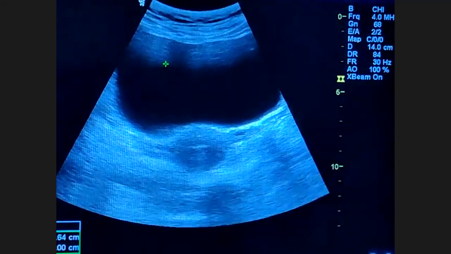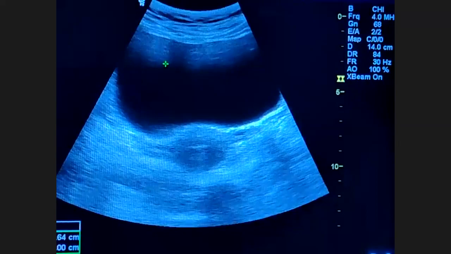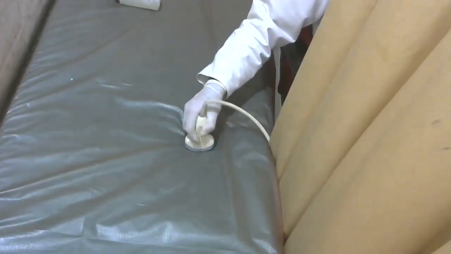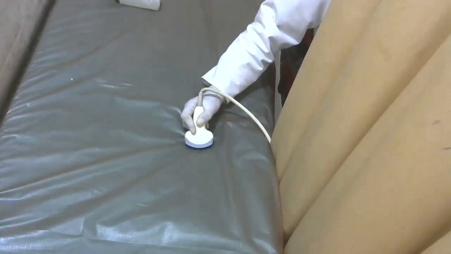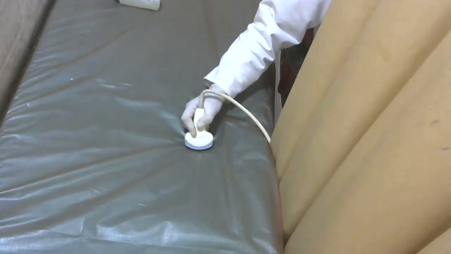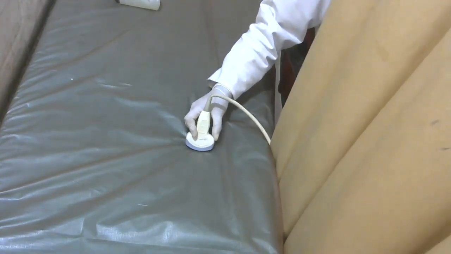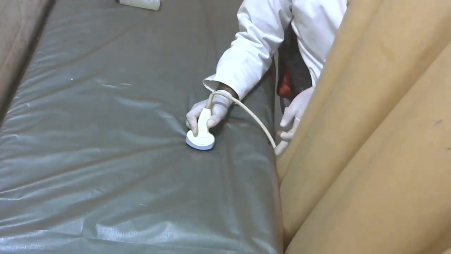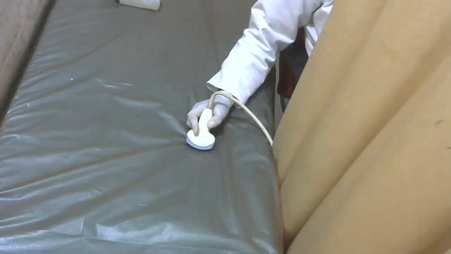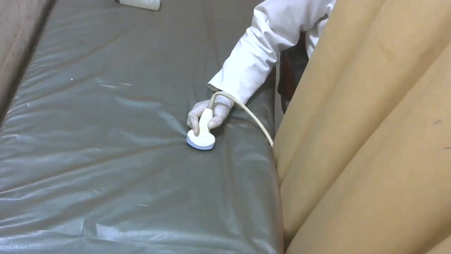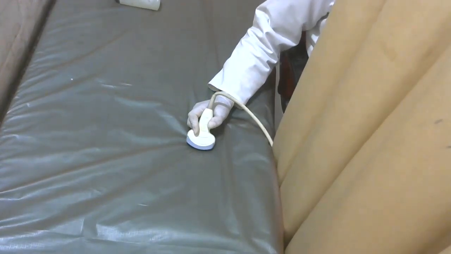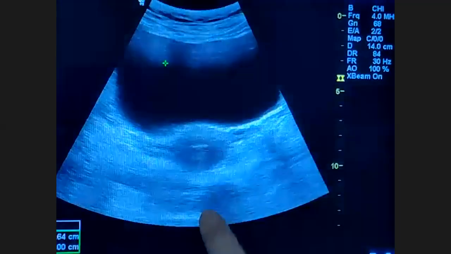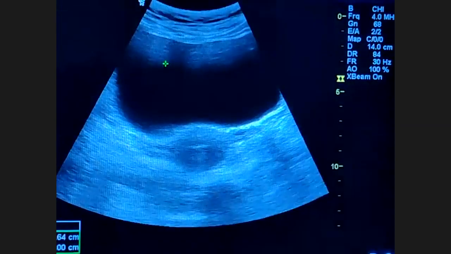But the point is, when the indicator is towards the patient's right, only then whatever I am showing on the screen will correlate. Are you getting the point?